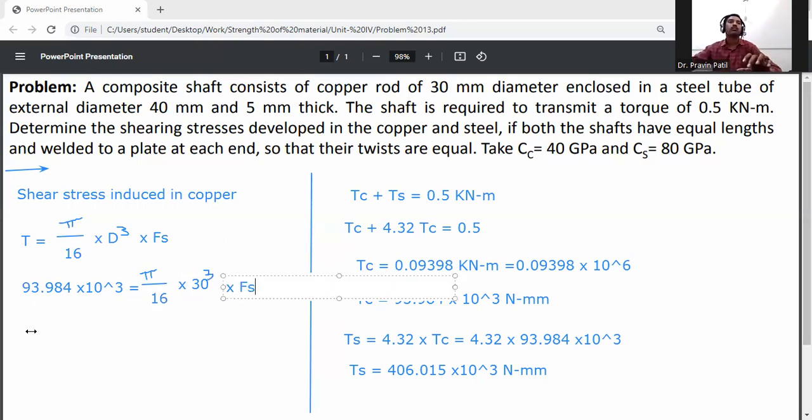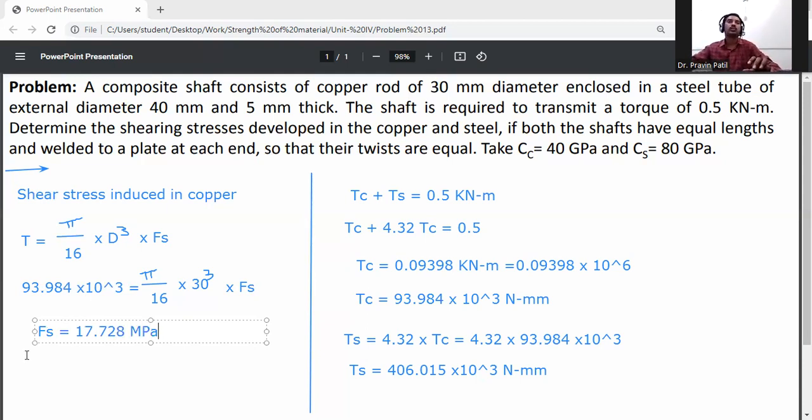Okay. So Fs is equal to 93.984 into 10 raised to the power 3 divided by 5 by 16 into 30 cubed. So we get 17.728 MPa.